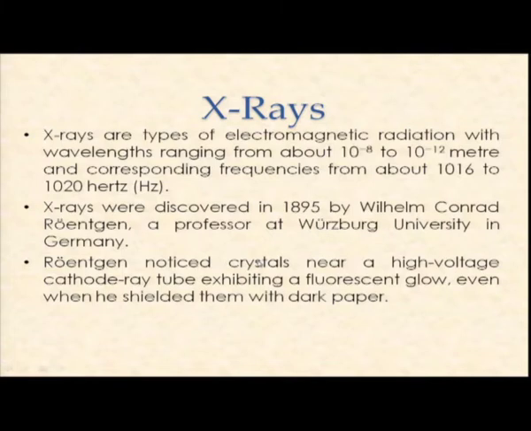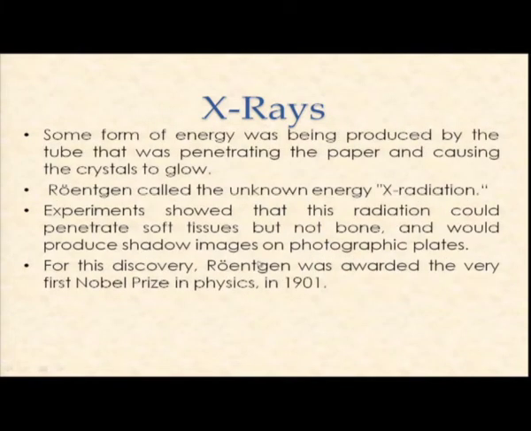Then he was searching for an answer for this phenomena. The answer is that some form of energy was being produced by the cathode ray tube that was penetrating the paper covering the crystal and causing the crystal to glow. Röntgen called these unknown radiations X radiations, unknown energy as X radiations.